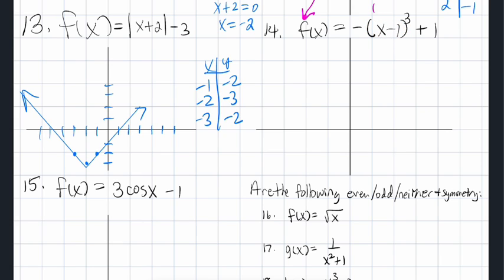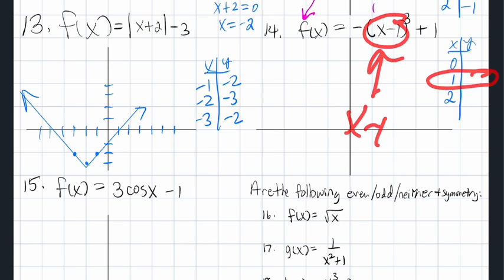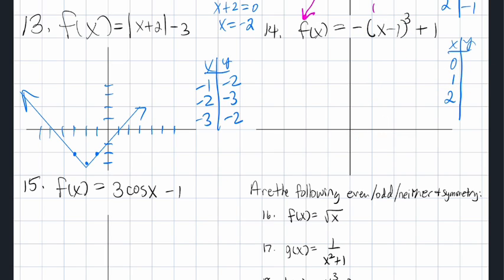So normally for a cubic, I plug in -1, 0, and +1. So if that moves those points to the right, I'm going to plug in 0, 1, and 2. Even for a parabola or for a quadratic, you want this to be the center based upon where that equals 0. Well, x minus 1 equals 0 at 1. So let's plug those points in so we can get a good idea what our cubic is doing.